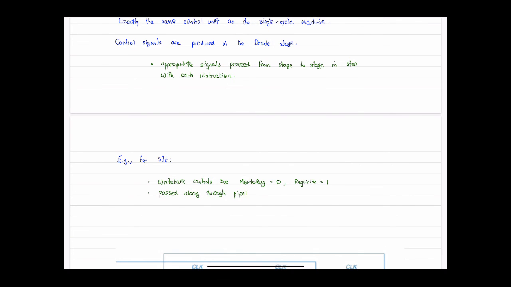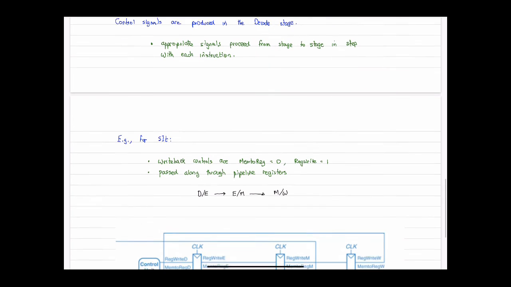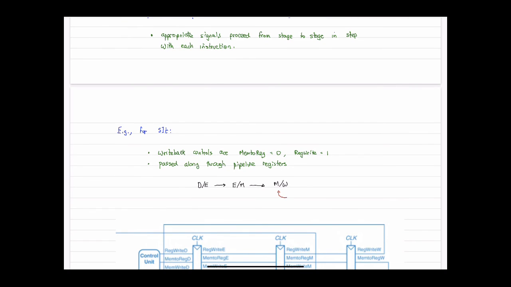These signals are passed through the pipeline pretty much untouched until they're actually used. This is the path that they take: through the decode execute stage, execute memory, and finally memory and write back. And it's in the write back stage that these are actually used.